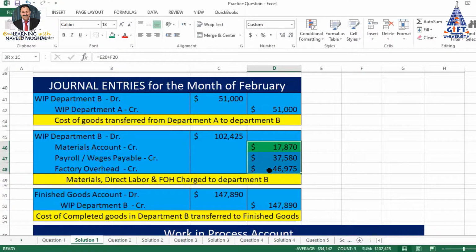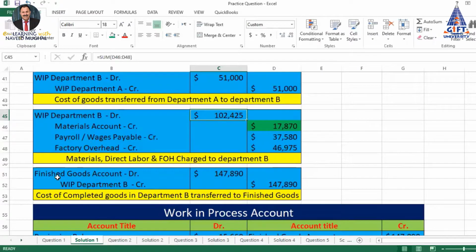The total of this is 1,02,425, and we will debit work in process account B with 1,02,425, the cost which is charged in this department in the month of February. So this is the recording of material, labor and factory overhead charged to department B.